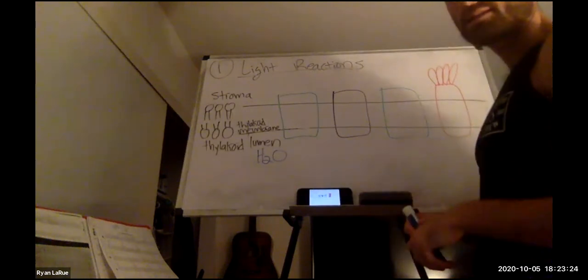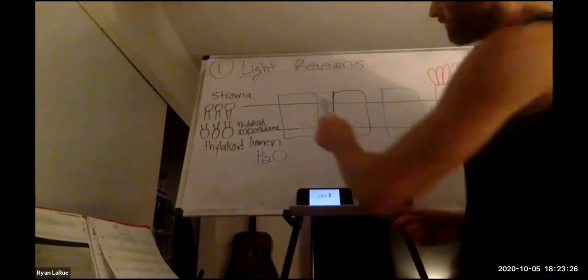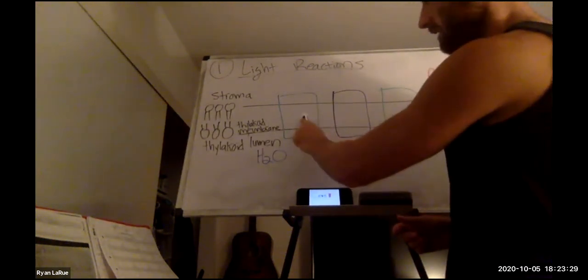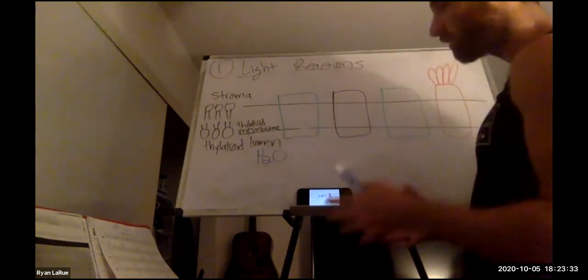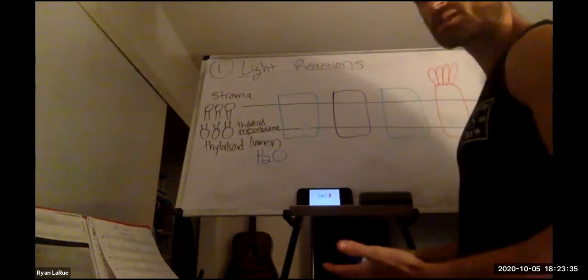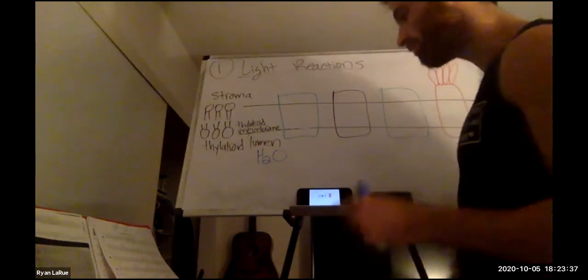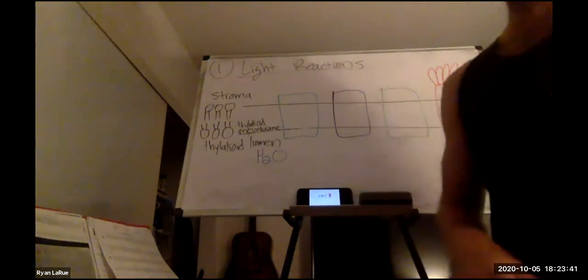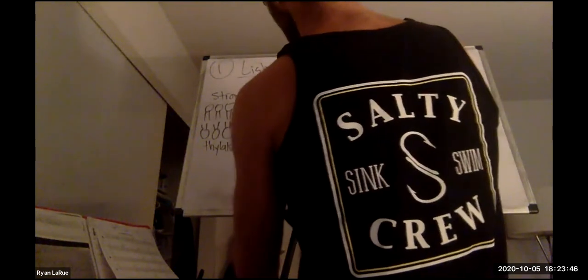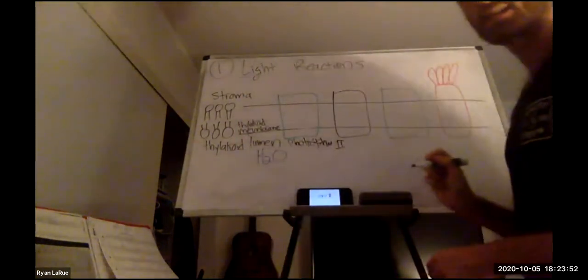What actually occurs is water donates its electrons to the first complex here. You would think it's a protein. It's more of a, we call it a photosystem. It's a complex of protein and chlorophyll molecules. So let's label it. This is actually photosystem 2. Annoyingly, it's the first photosystem.